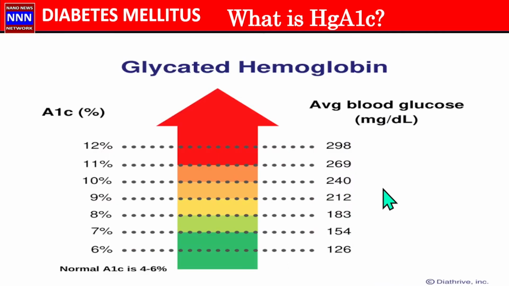What is the relationship between the hemoglobin A1c and the average blood sugar, let's say for the past 6 to 8 weeks? If your hemoglobin A1c level is 6%, that means your average glucose is 126. We are talking about fasting blood sugar.